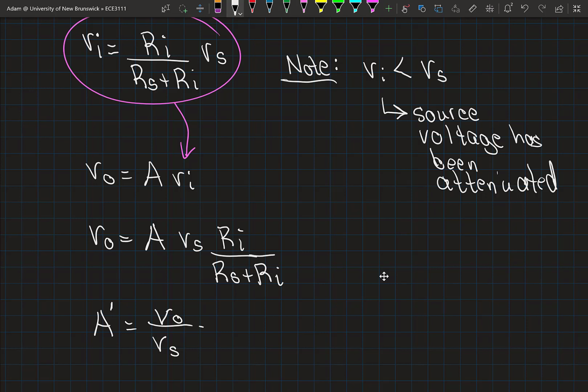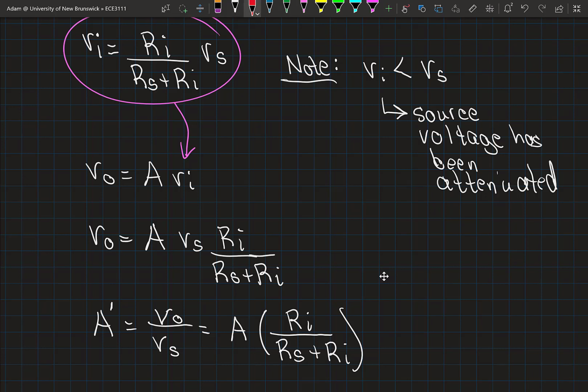So rearranging that formula above, I see that my gain, my effective gain, is the gain of my voltage amplifier times Rin divided by Rs plus Rin.